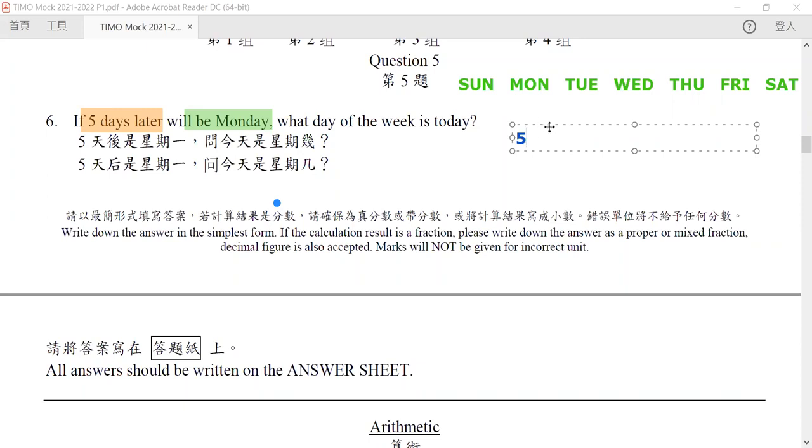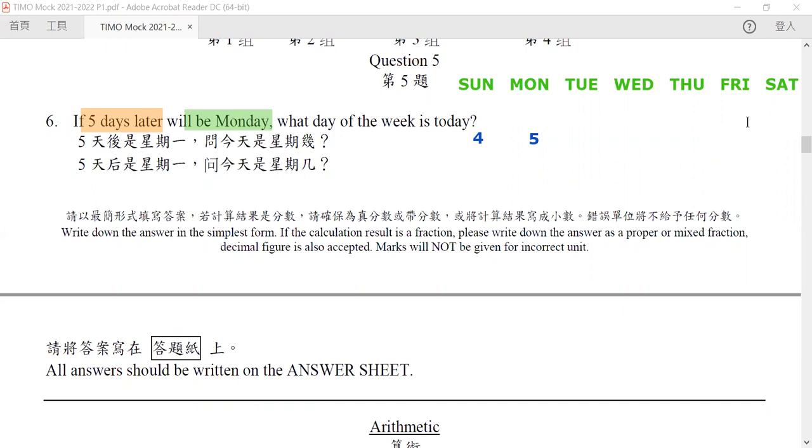Now by this you can try to count them by hand. So this is Monday, so it means that 4 days later it will be Sunday. And then 3 days later it will be Saturday.